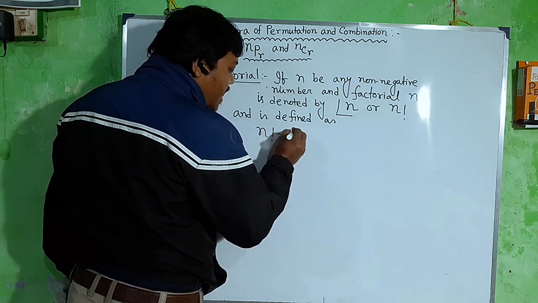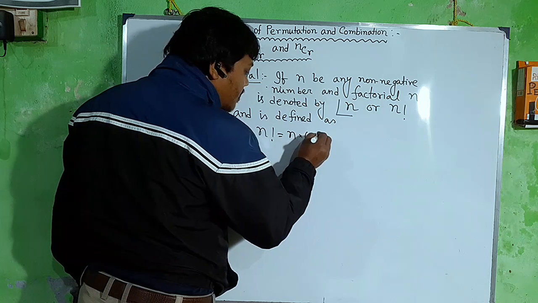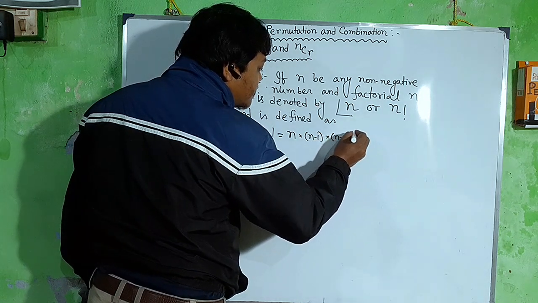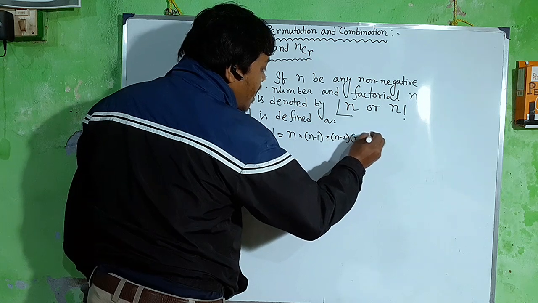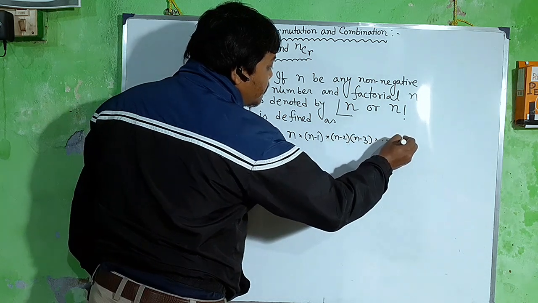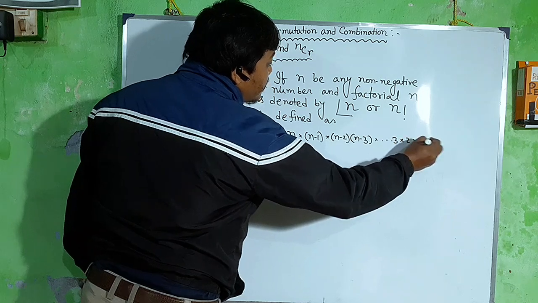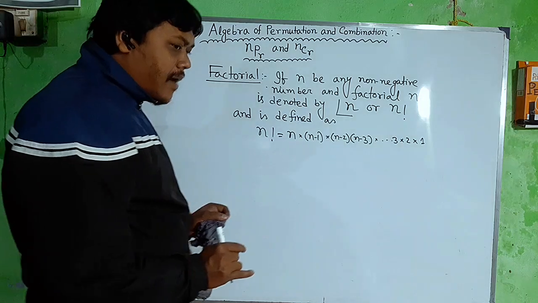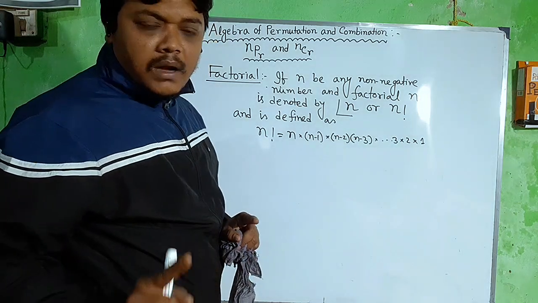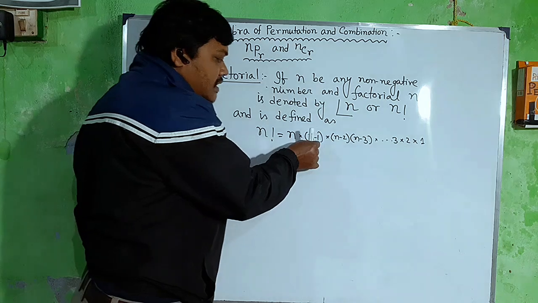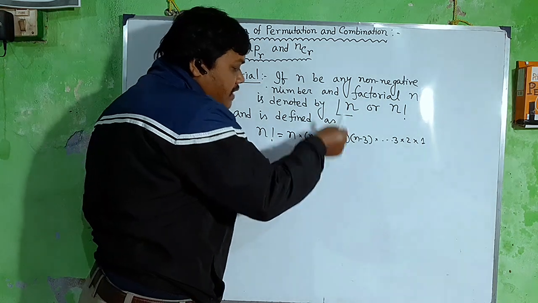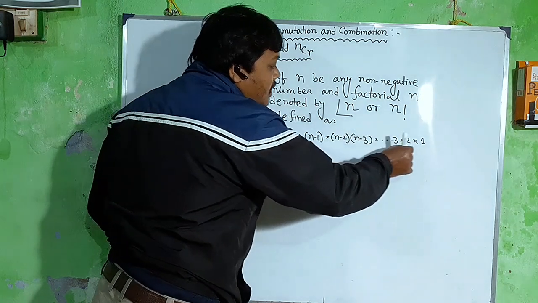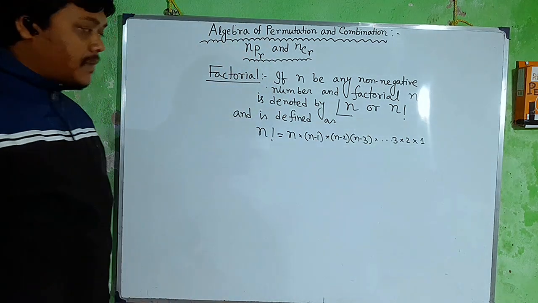So this equals n into n minus 1 into n minus 2 into n minus 3 up to 3 into 2 into 1. So it is the product of n numbers, decreasing by 1 each time: n, then n minus 1, n minus 2, n minus 3, up to 3, 2, 1.